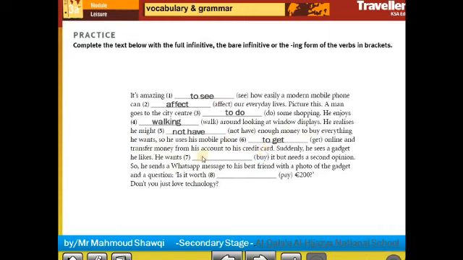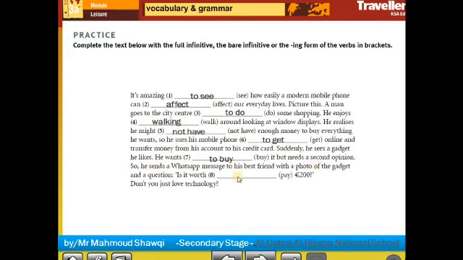Suddenly he sees a gadget he likes. He wants to buy, he wants buy, or he wants buying. The answer is yes, he wants to buy. That's right. He wants to buy it, but needs a second opinion. So he sends a WhatsApp message to his best friend with a photo of the gadget and a question.